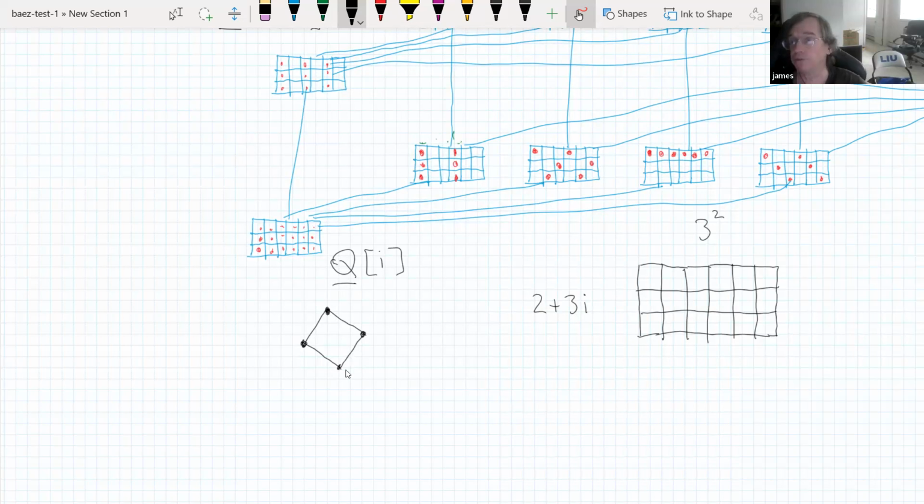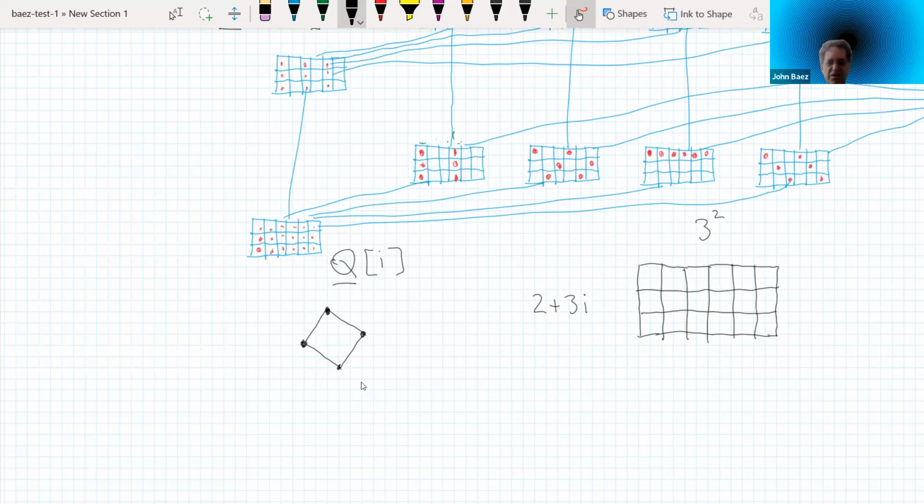Oh, okay. I was just thinking about how the area of that square is 13. That's right. 13 is the size of the additive group. And 12 is the size of the multiplicative group. Okay. Good.